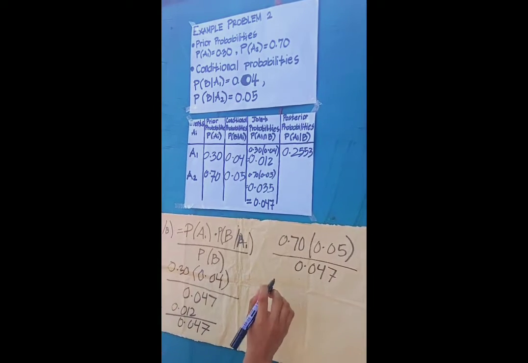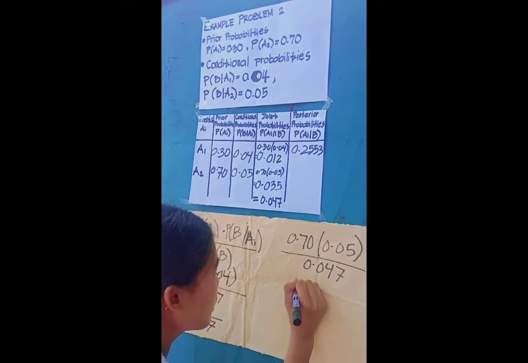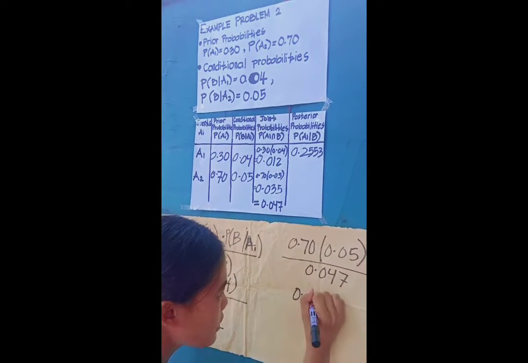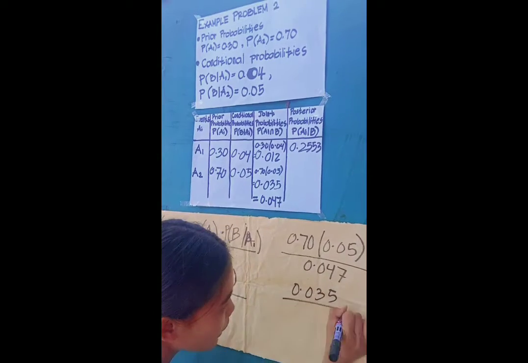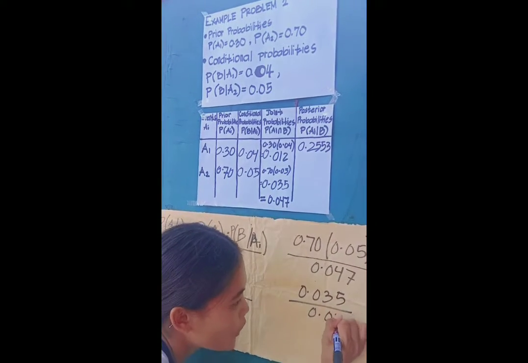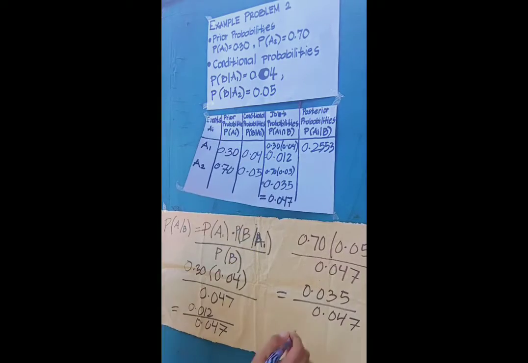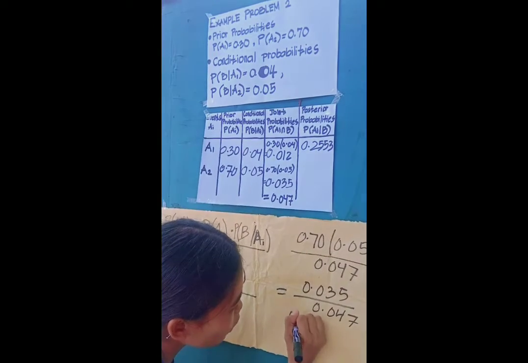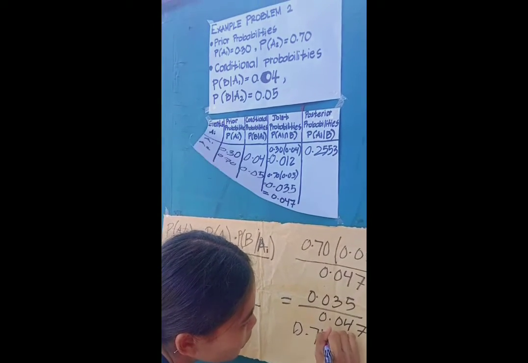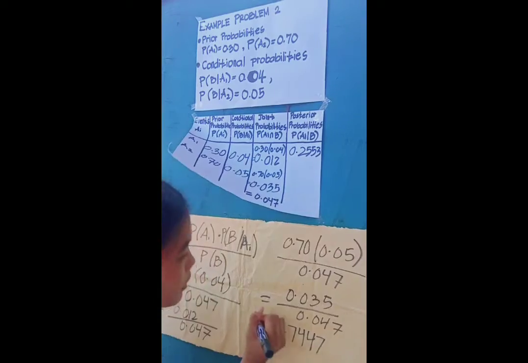To get the posterior probability of E sub 2, 0.035 divided by 0.047 is equal to 0.7447.